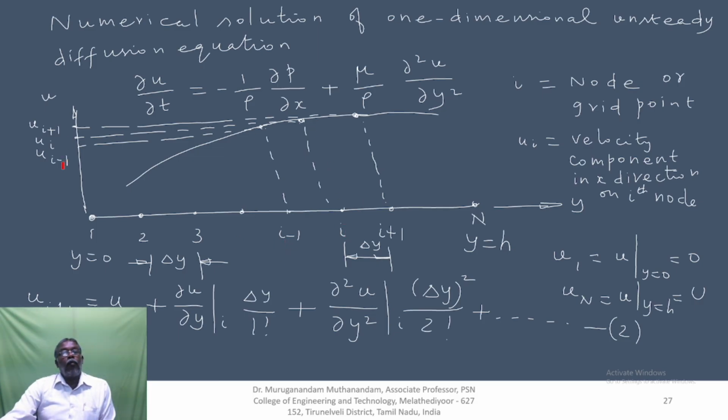The value of u at I minus 1 is to the left side of I. I told you when you move from 1, 2, 3, 4, I minus 1, I plus 1, it is a forward direction. When you move from I plus 1, I minus 1, 3, 2, 1, it is a rearward direction. So we have the quantities of u which are to the left side, in the rearward direction of I.